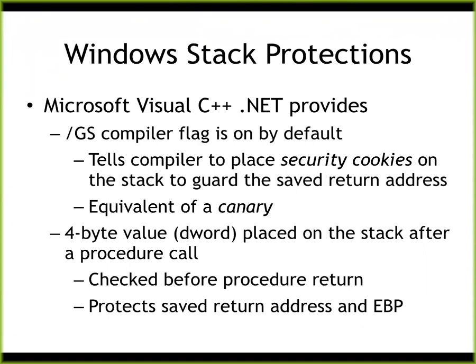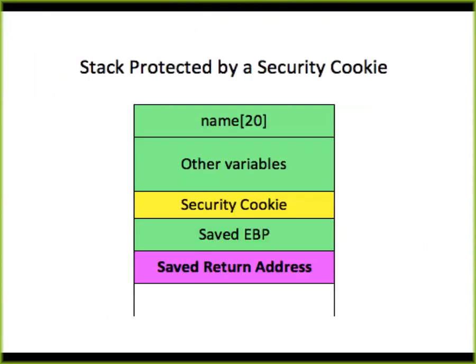So if you overflow a variable, you will modify that value. And when it goes to return, before it returns, it checks that value. So that's this 4-byte DWORD, and it goes here before the saved EBP and the saved return address. So if you overflow a variable like this name and try to change the return address, you'll also change the security cookie, and the operating system will detect that.